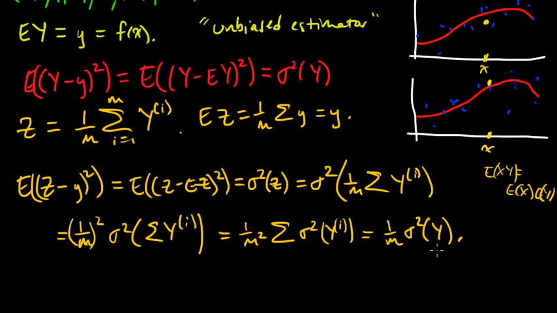So now, note that this is our risk, our expected loss, and there's a very important observation here, 1 over m. m was just a parameter that we chose.